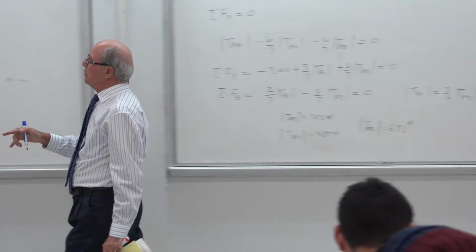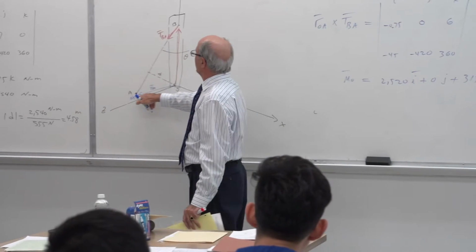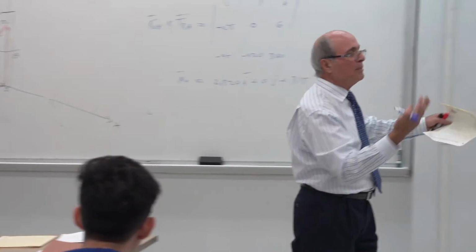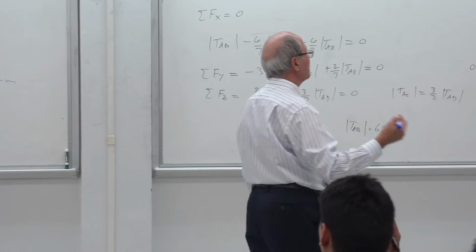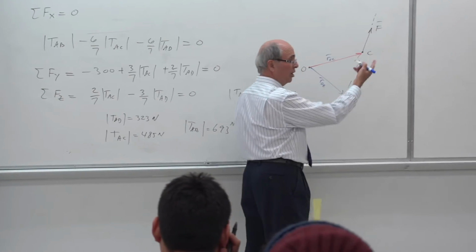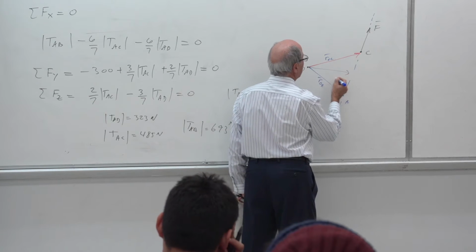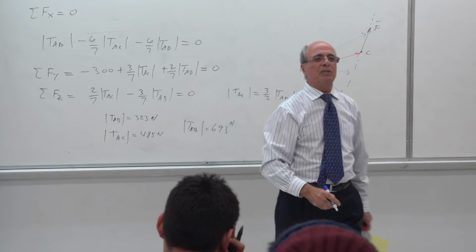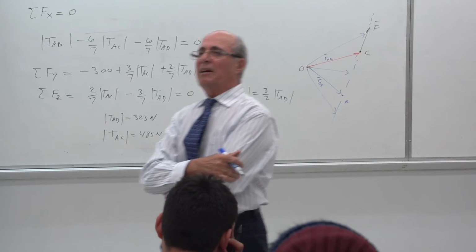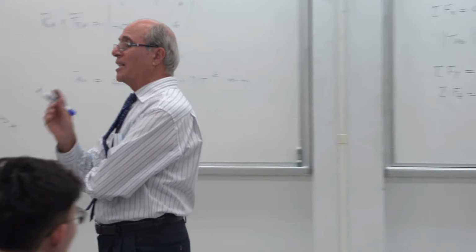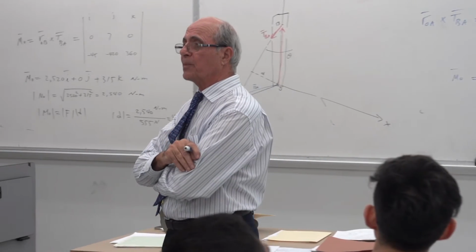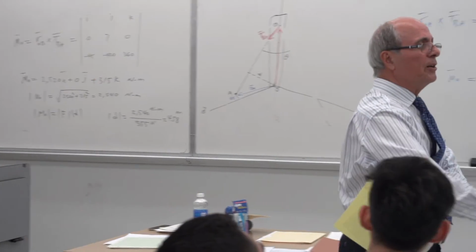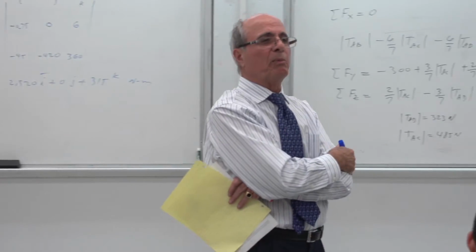However, in some problems, if this coordinate is easier than that coordinate, either end of the cable or the middle of the cable doesn't make any difference. By the way, I can prove this theory in a minute: this or that or that, all of them give you the moment. As long as it starts at point O and ends anywhere on the line of F, it doesn't matter that it be the point of application.